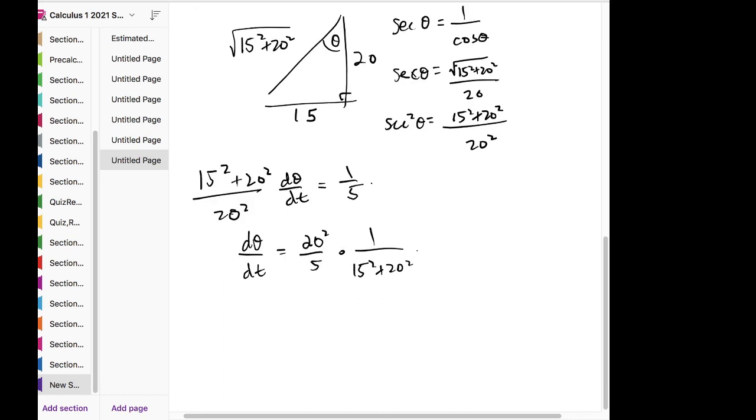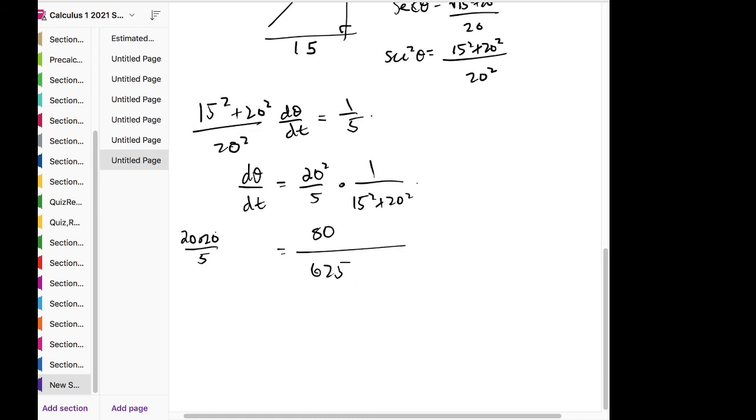Is this a nice number? 15 squared plus 20 squared? 625. That is actually nice. Okay, and then I'm sure that we can simplify that.